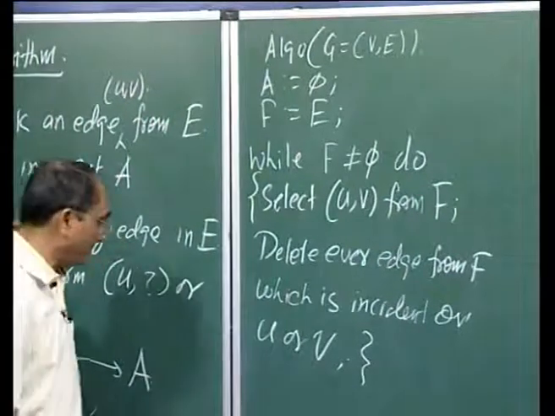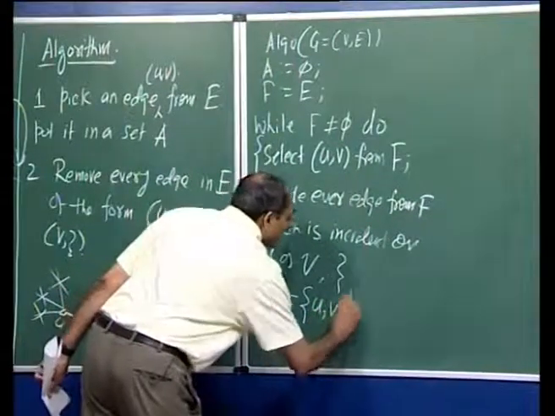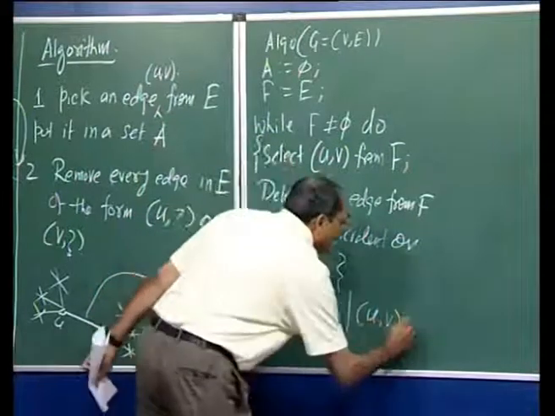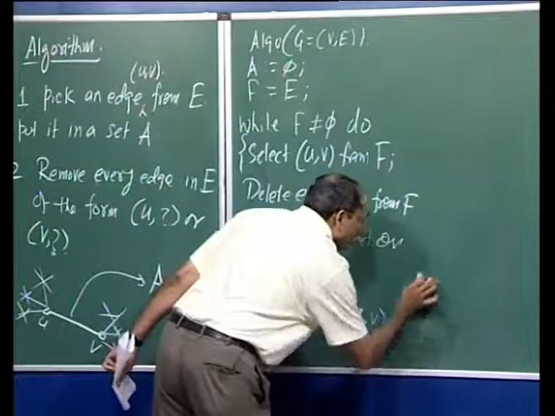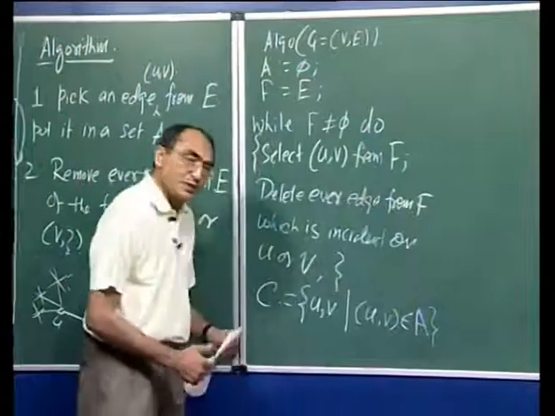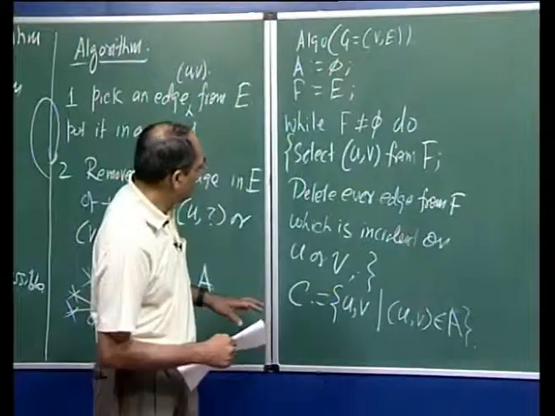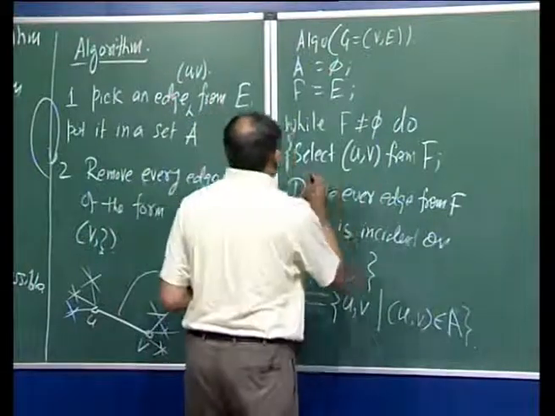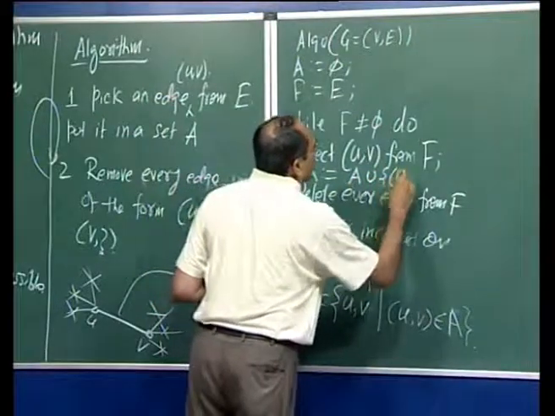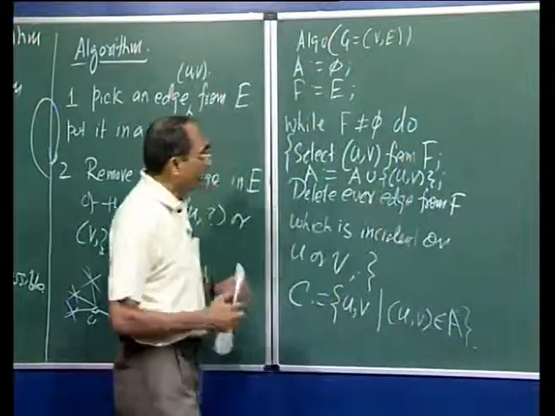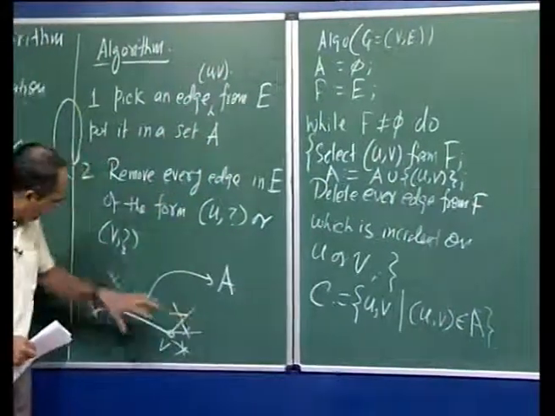Now, I have to produce a vertex cover. So, my cover C would be all the vertices such that this edge is in A. Sorry, I select UV and put it in A. So, I am going to take this edge, put it in A, and remove everything else of this form, these edges.